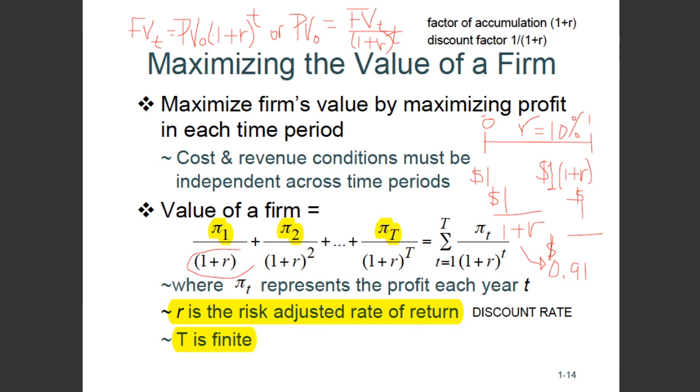A very important assumption to doing this, okay, so there's lots of assumptions here. There's that it's going to be finite periods, that the R is the same, and we also assume, this is really important, that your decisions that you make in one period about maximizing profit don't influence future decisions or future costs and revenues.